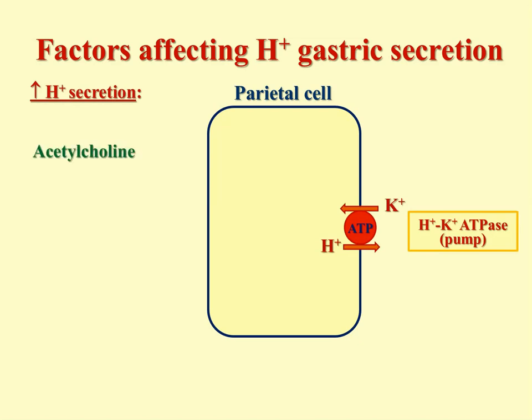First, acetylcholine. It binds to muscarinic M3 cholinergic receptors. When acetylcholine binds to these receptors, which are 7-TMS receptors as usual, they operate through the phospholipase C pathway. So IP3 is formed, inositol triphosphate, which increases calcium concentration, and this results in high activity of the pump.